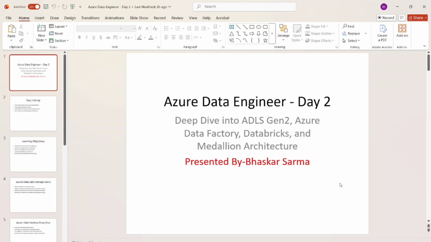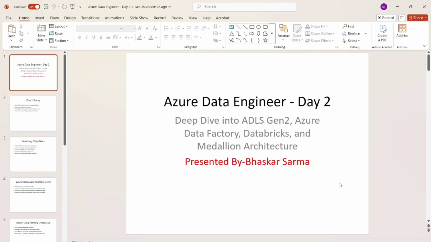We'll also introduce Azure Databricks and learn how Apache Spark is used for large scale data processing and transformations. In addition, we will discuss the Medallion architecture pattern and how the bronze, silver, gold layers help improve data quality, governance, and analytics.